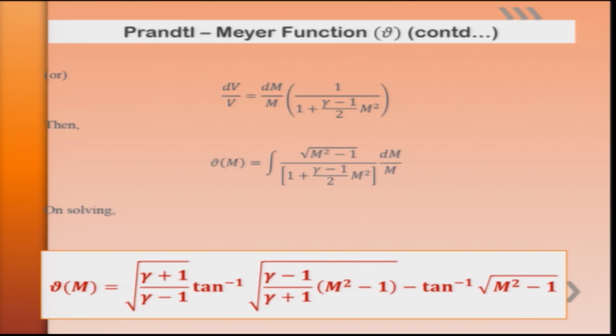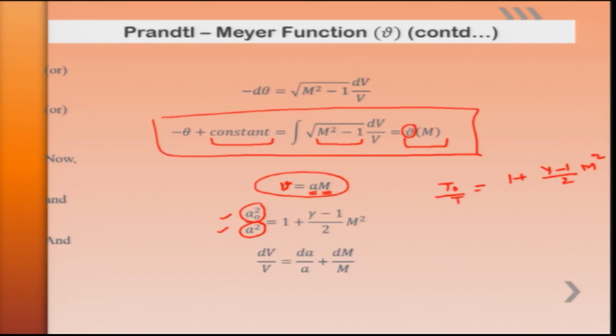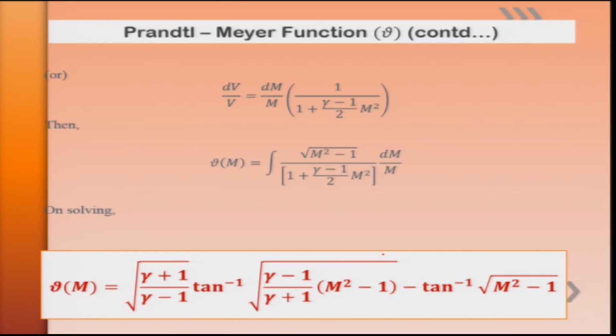Now this da by a I am going to get from this expression, and using this expression into this, I can write down dV by V is equal to dM by M, and in the bracket 1 upon 1 plus gamma minus 1 by 2 M square.